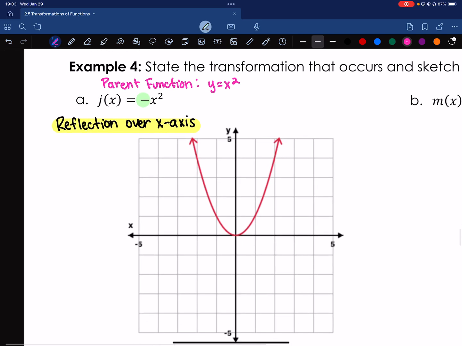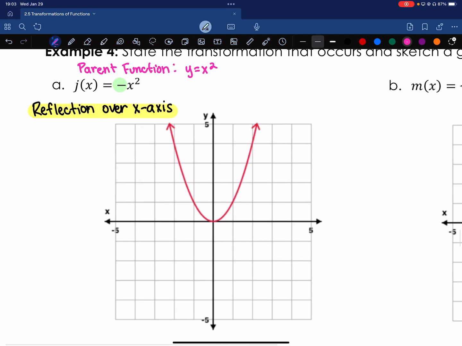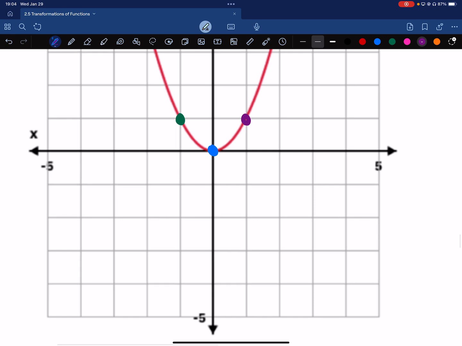Okay, so with this right here, all we're going to do is take some of these x values, or some of these points. So I'm going to put a point at 0, 0, negative 1, 1, and 1, 1.